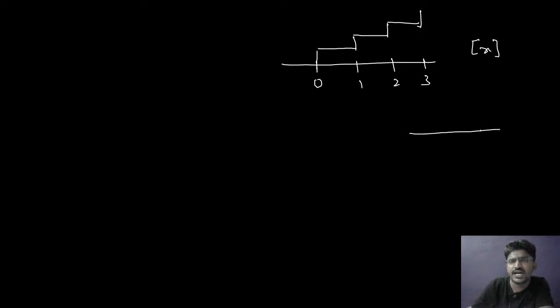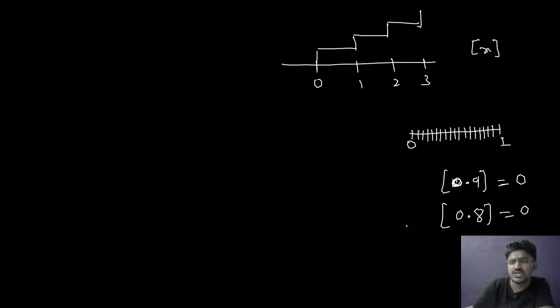You also know that if this is 0, if this is 1, for any value in between 0 to 1, the output of 0.9 is also 0. Output of 0.8 is also 0. Output of 0.7 is also 0.